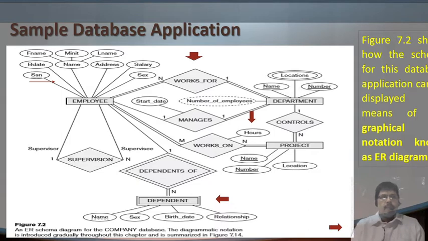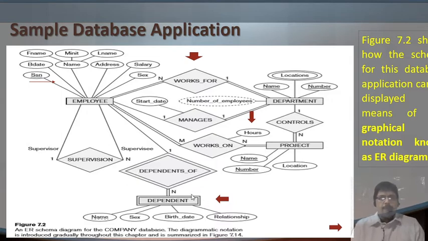Here you see each entity is defined in a rectangular box, correct, and each attribute we have defined in an oval, and each relationship in a diamond. And if you consider this relationship here, depends of, it is not so strong a relationship or even dependent.